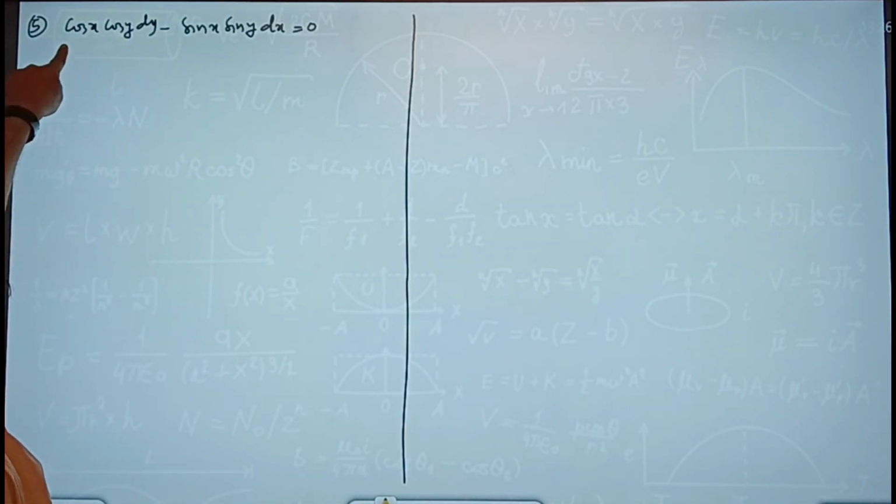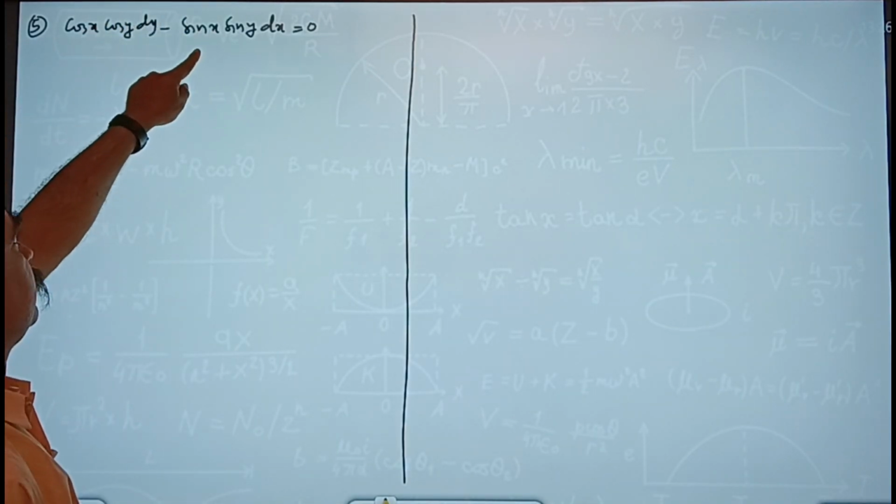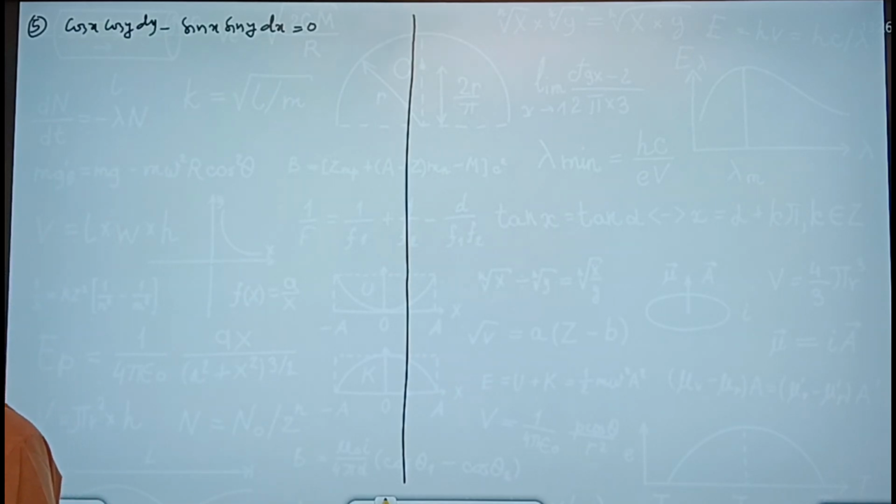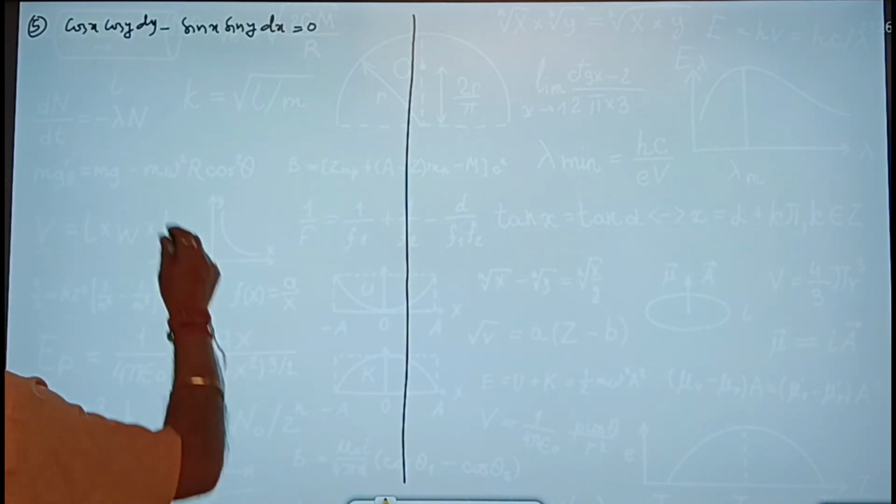This is dy, we don't want cos x. dx we don't want sin y. So divide by cos x into sin y.